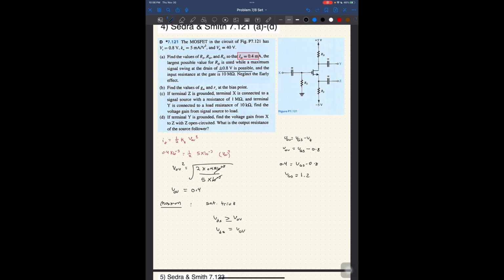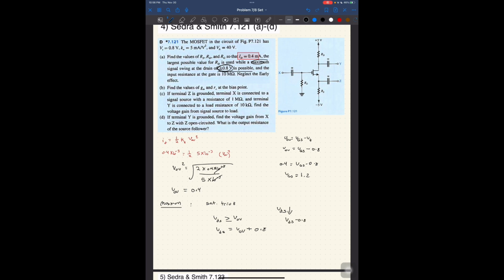Is this correct? No, because you tell me that there is a maximum signal swing at the drain of 0.8 volts, meaning that the drain can swing positive or negative 0.8, and I should still be greater than VOV. So VOV plus 0.8. Why? Because VDS at its absolute lowest point is going to be VDS minus 0.8.